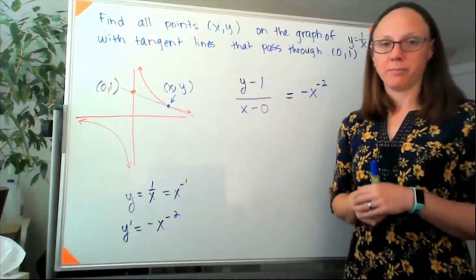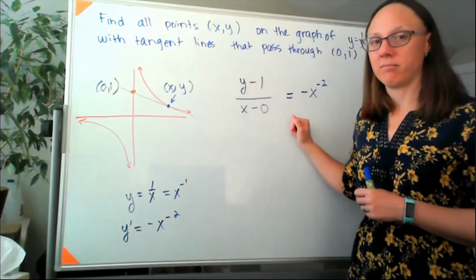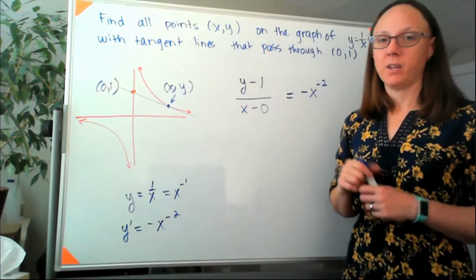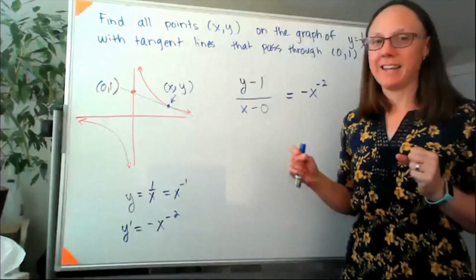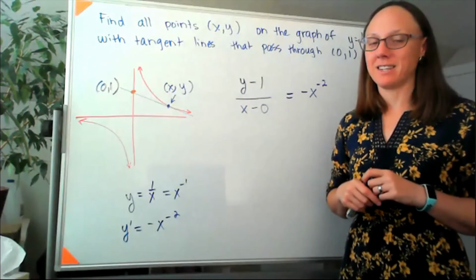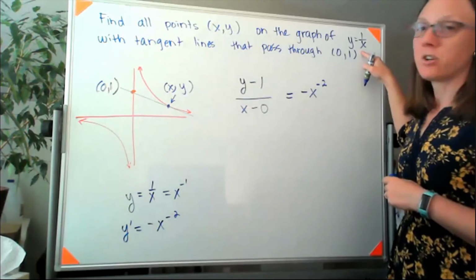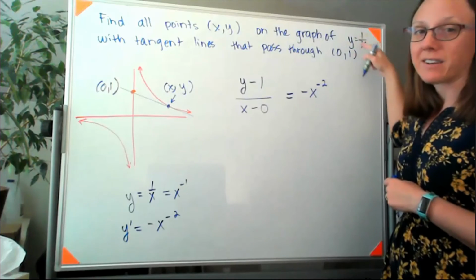And now I got a problem because I have one equation with 2 unknowns in it. I don't know the x value or the y value. One equation, 2 unknowns. Oh darn, I sure hope we know something else. Secretly, we do know something else because y is equal to 1 over x.